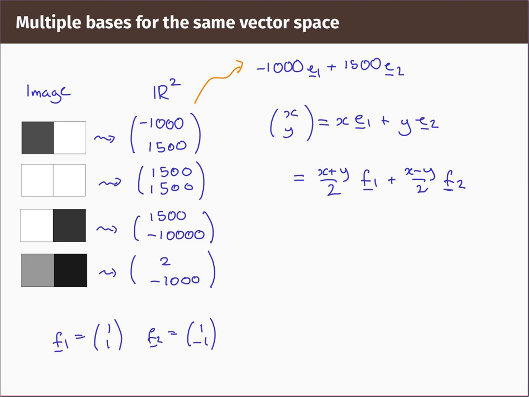Now you see that these numbers, (x plus y)/2 and (x minus y)/2, really have a different and concrete meaning in terms of images, because this one is the average brightness of the 2 pixels. That's how bright the image is overall. So we could think of this as the overall brightness, the average brightness of the image.